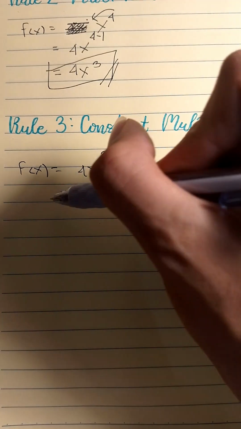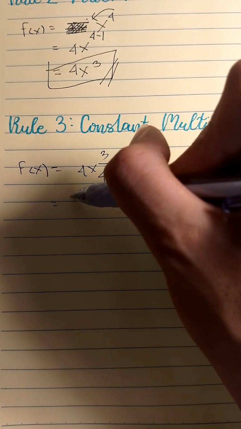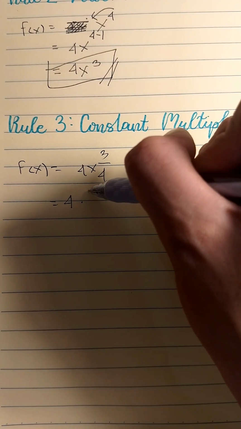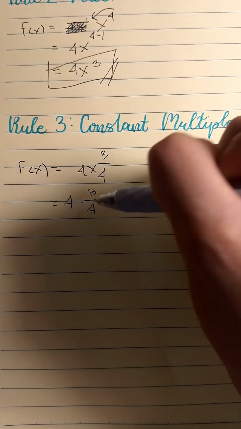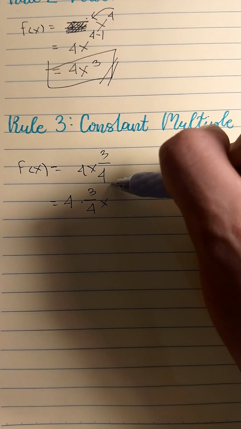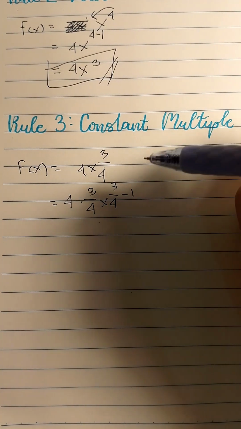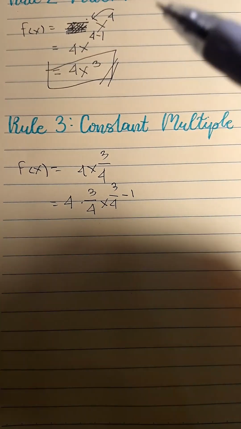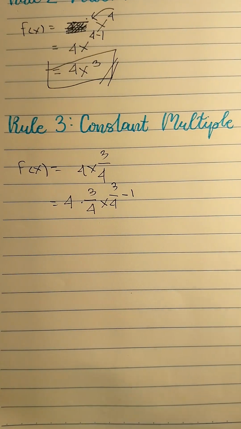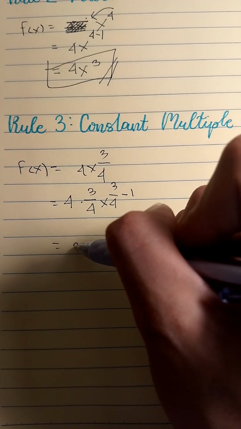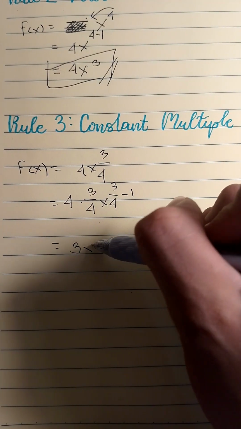We need to separate the 4 times, copy the fraction, 3/4 times 3/4. And we need to subtract 1, applying rule number 2. We need to do 4 times 3/4, it is equal to 3x.